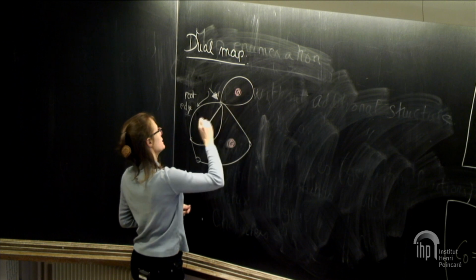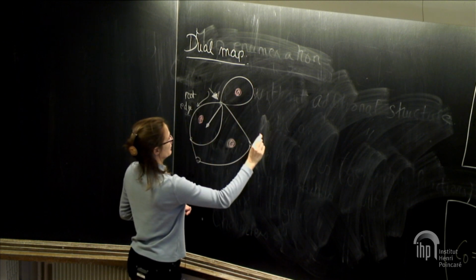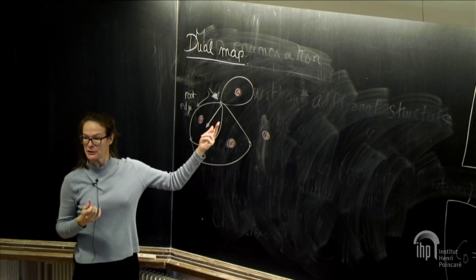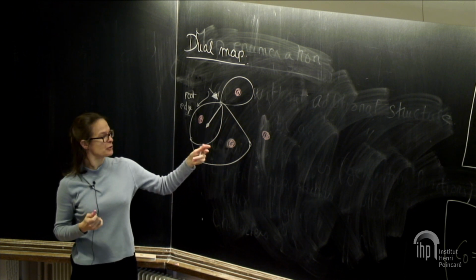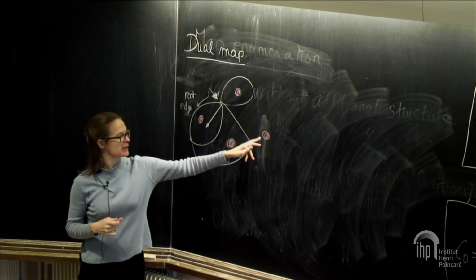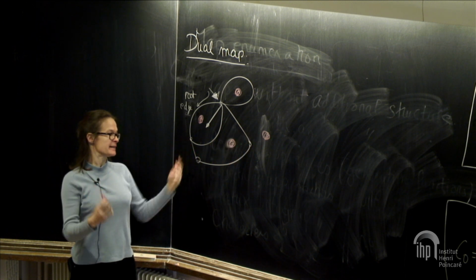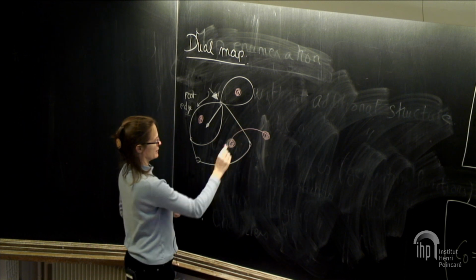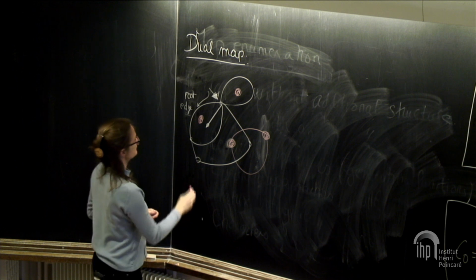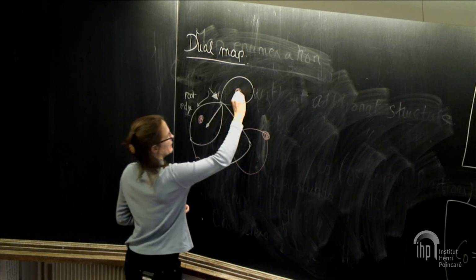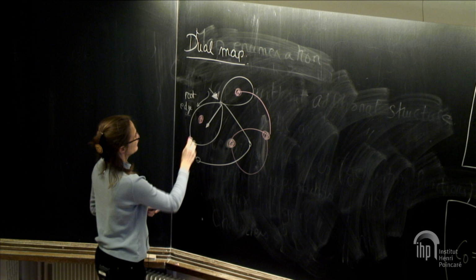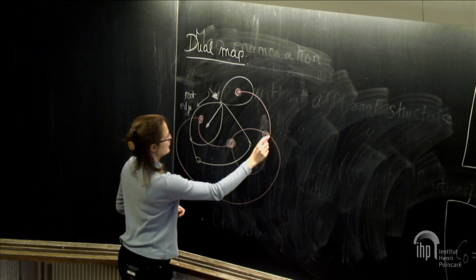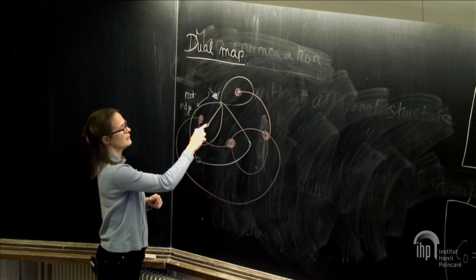So I put a vertex in every face. I have 4 faces and 4 vertices. And now for every edge of the original map, I draw its dual, which is an edge that joins the two faces on the side of this edge and crosses it. So now I should join this, this, and now here.